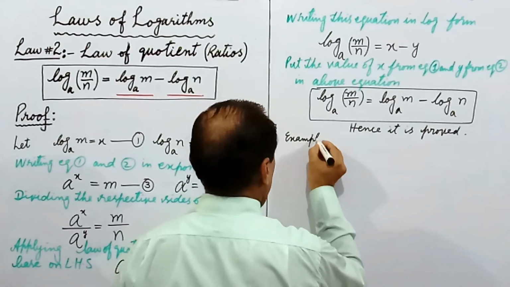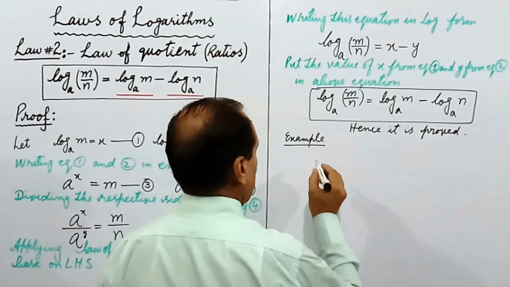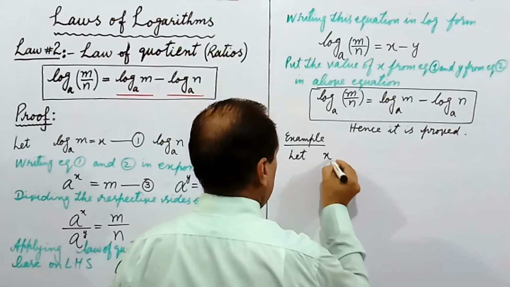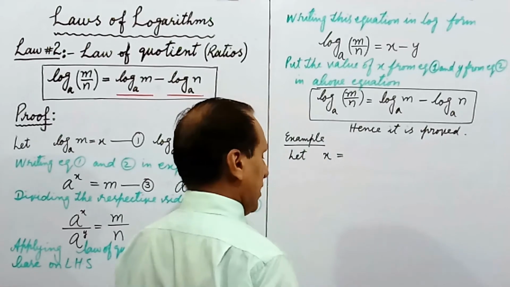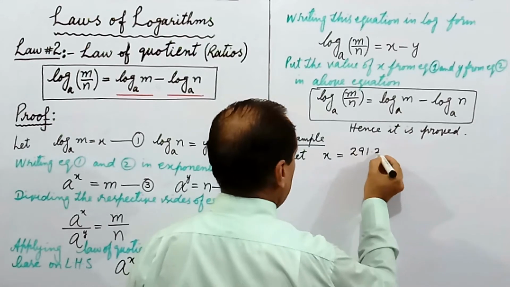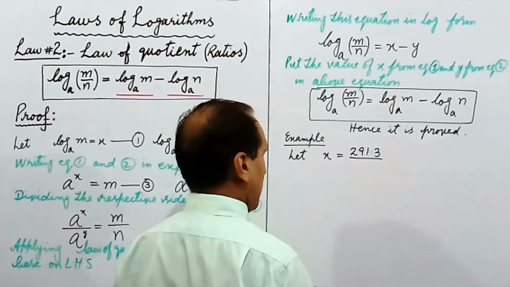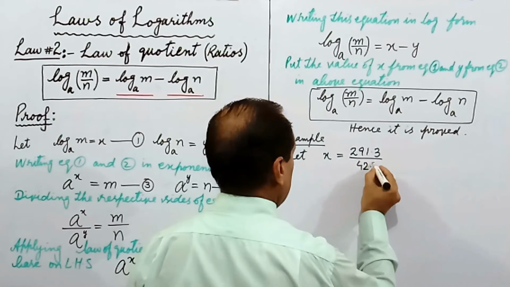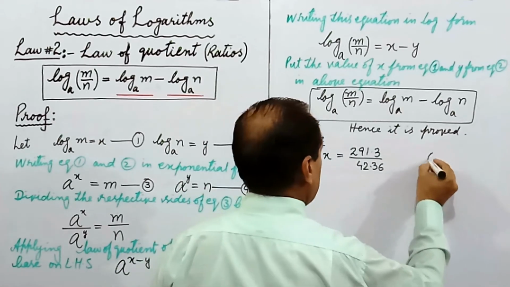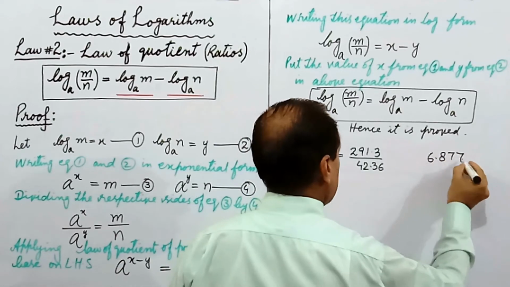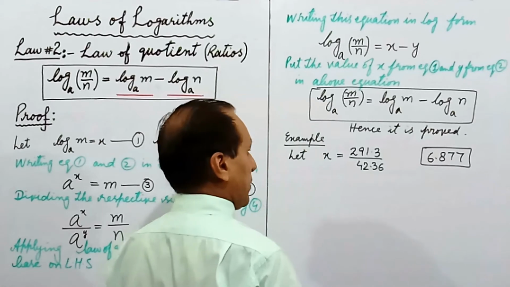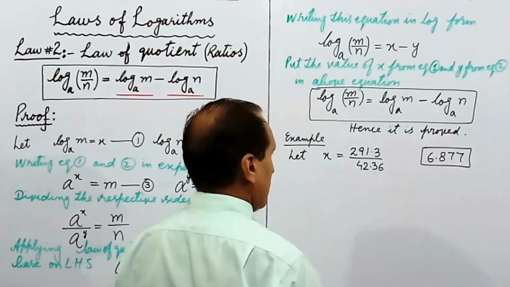We take two numbers in a division form and let them equal variable x, and these two numbers are 291.3 divided by 42.36. If we use a calculator, we have the answer 6.877. And now we check how log will help us obtain this.